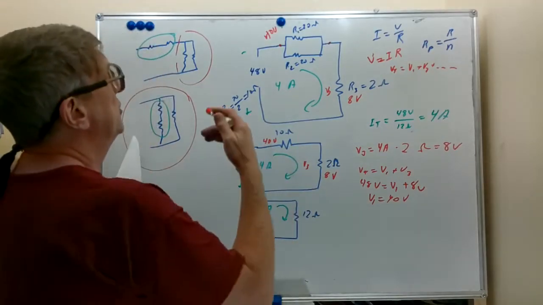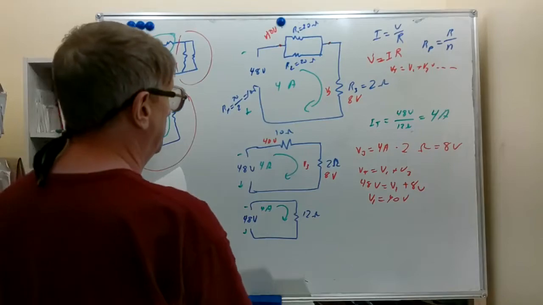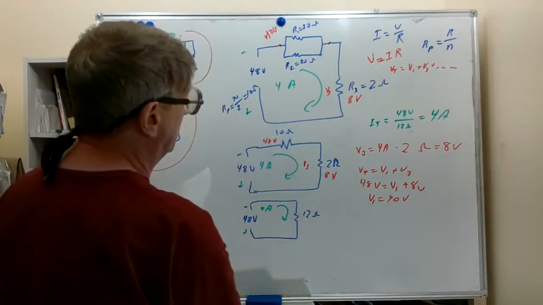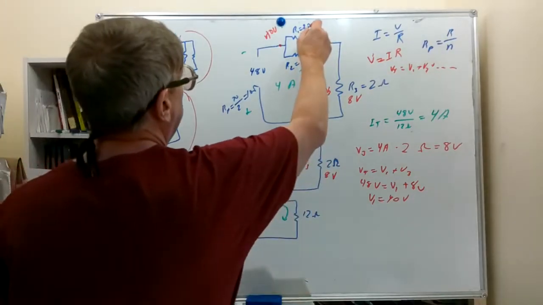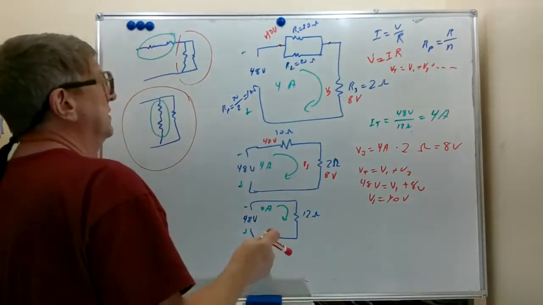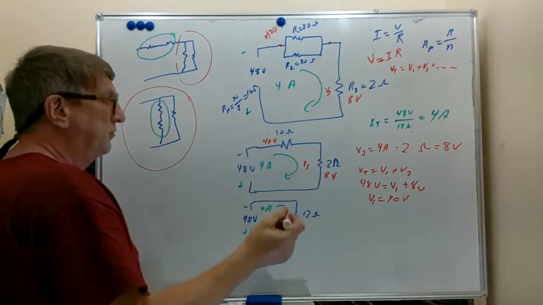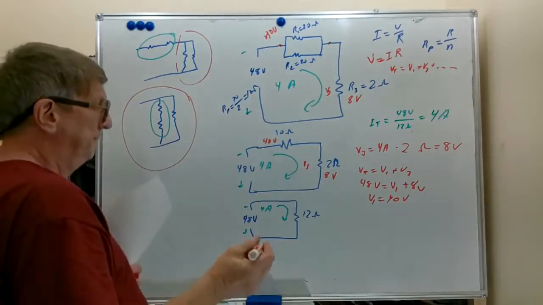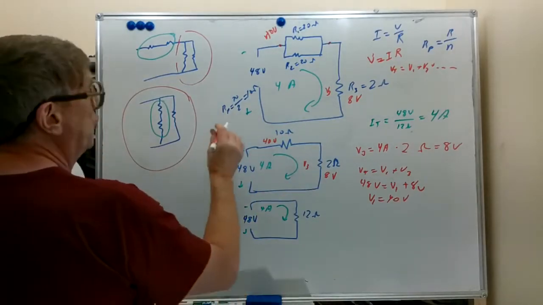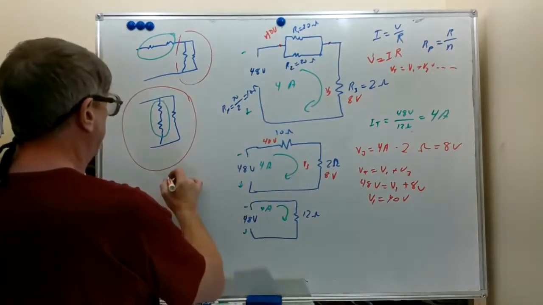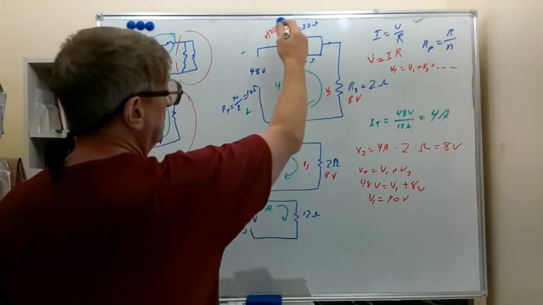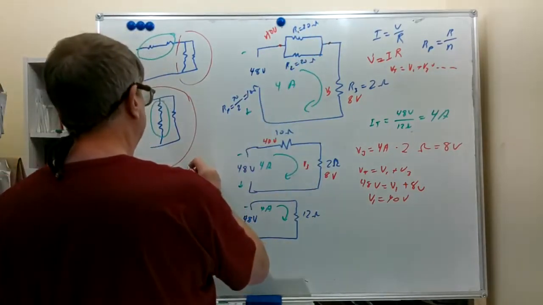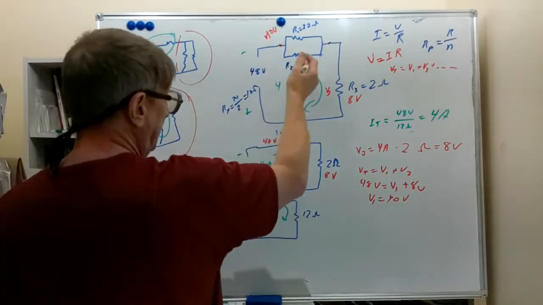Now, we want to know the current through R1 and R2. We know our total current is 4 amps. We can do this 2 ways. Because these are equal resistors, the current's going to split equally. So the 4 amps that we have in the whole circuit will be equal to I1 through R1 plus I2 through R2.